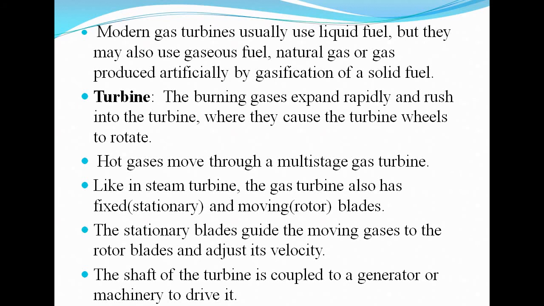That is the functionality of stationary blades, since they guide the moving hot gases. The shaft of the turbine is coupled to a generator or machinery to drive it, that we have seen in the figure. Turbine and generator are coupled with each other on the same shaft.